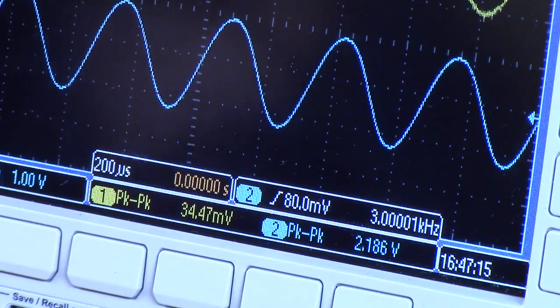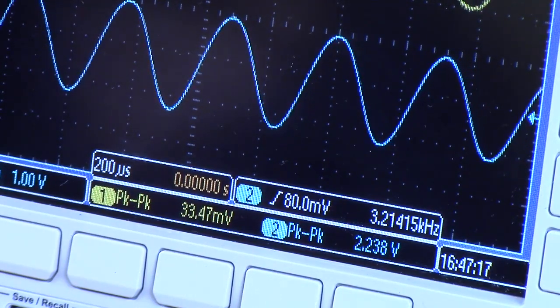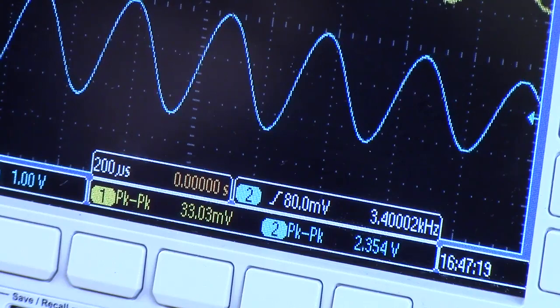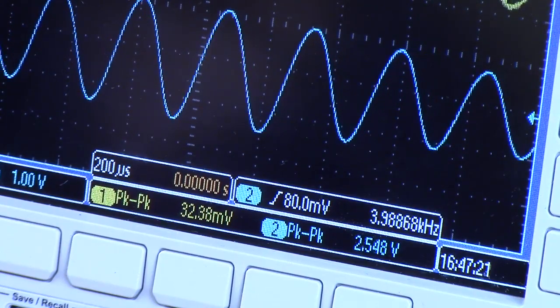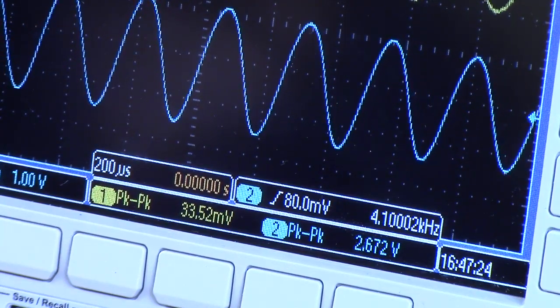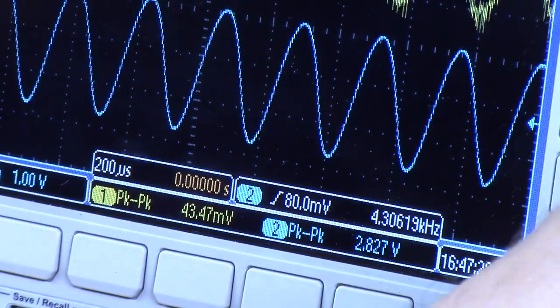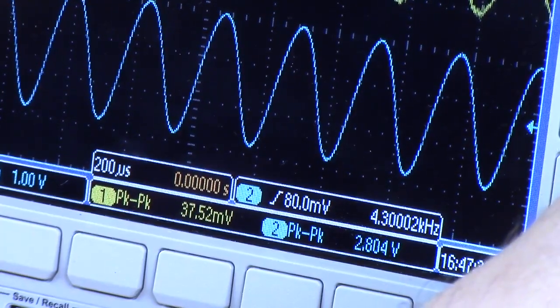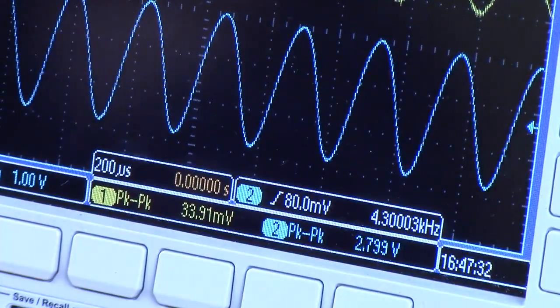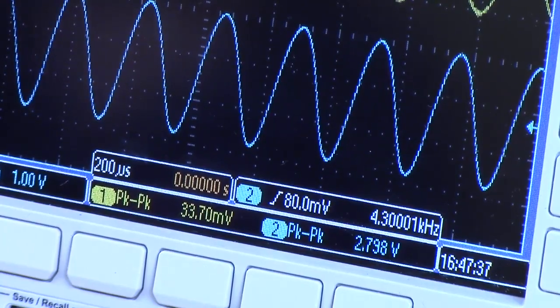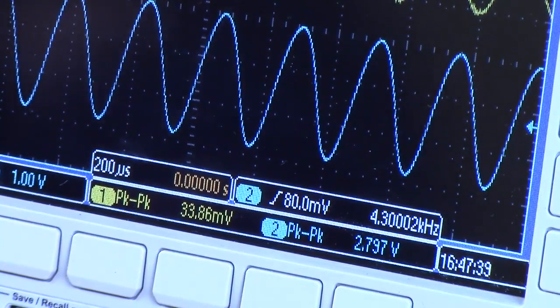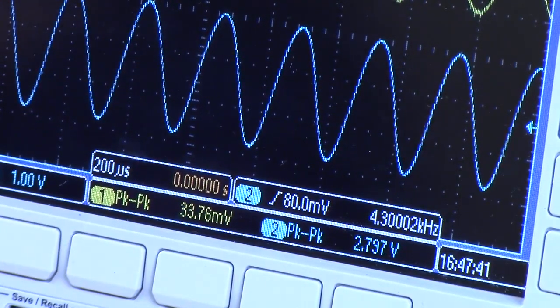Let's go to 3.1, 3.2, 3.3. Right about there? All right, so we're at 2.8 at about 4.3 kilohertz. So that means our overall frequency limit is about 4.3 kilohertz.